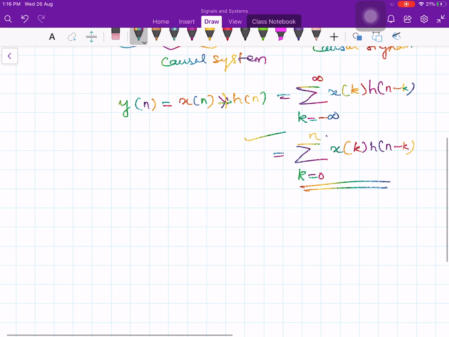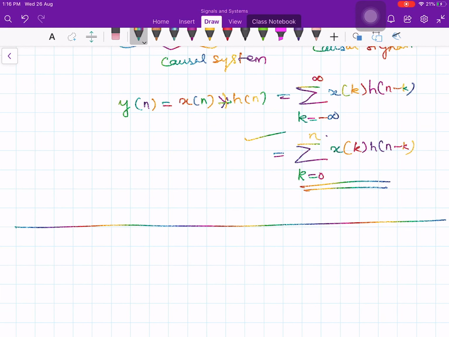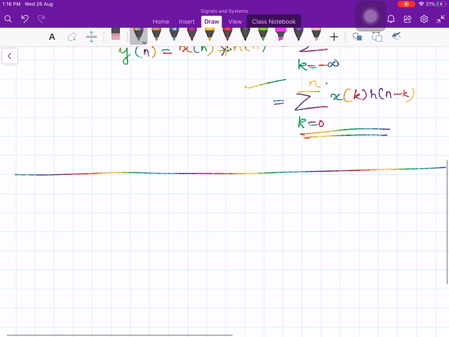As I already told you, the first step is to move from the independent variable n to k. Therefore, x of n becomes x of k and h of n becomes h of k. Why are we doing this?